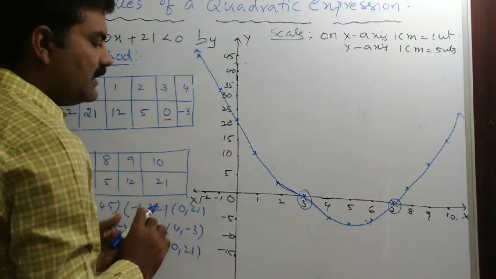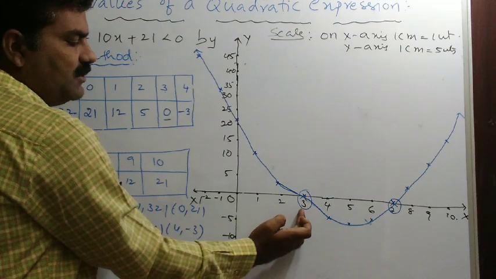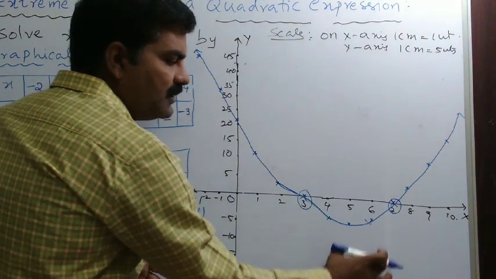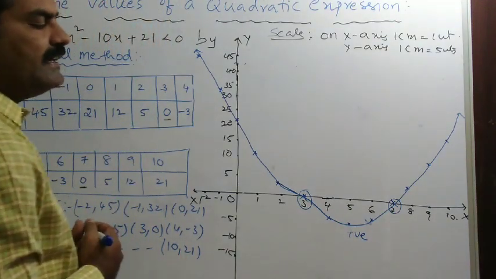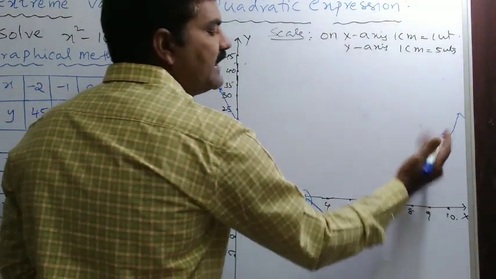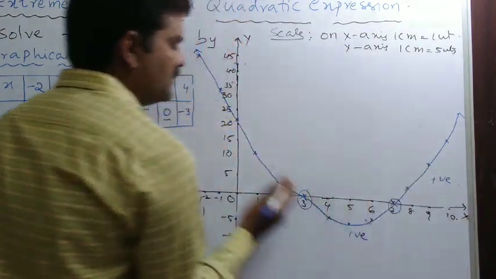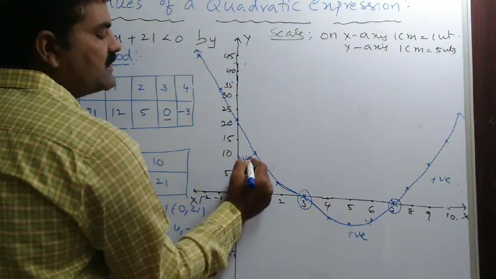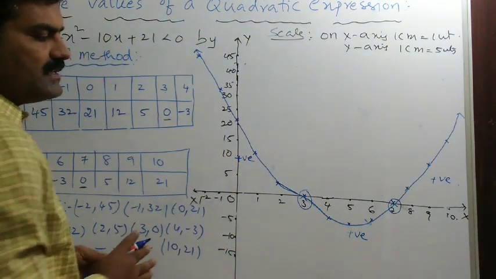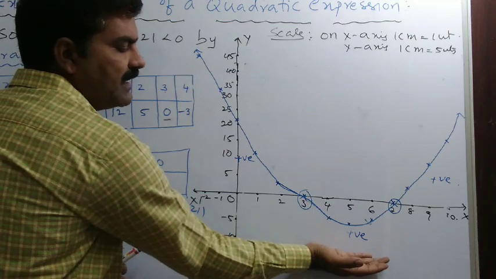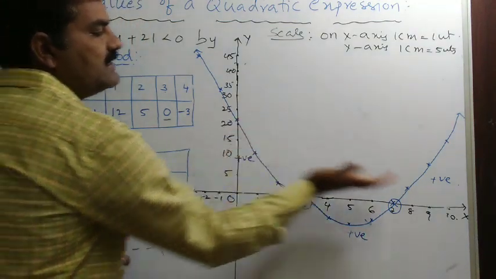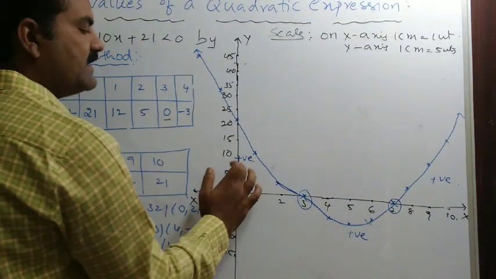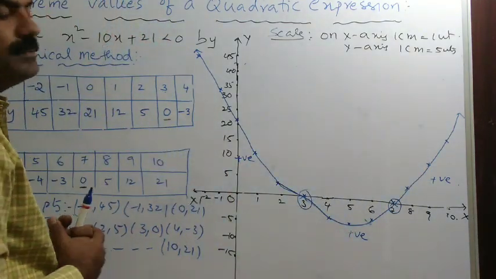Moreover, look here, just below the x-axis, that part belongs to the negative part, and this is above the x-axis, hence this is positive, and this is also above the x-axis, hence both are treated as positive parts.